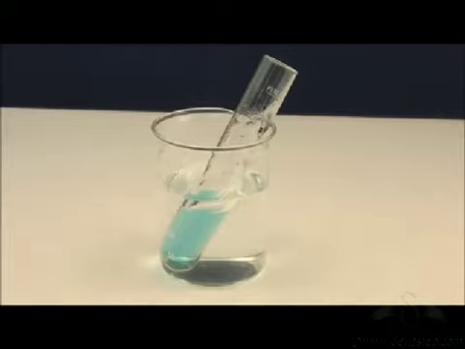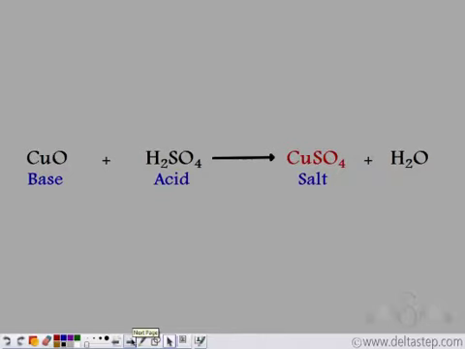So by using the reaction of acid and base, in this case sulfuric acid reacts with copper oxide, and we get the salt copper sulfate, which was the blue colored salt that we saw, and it forms water. So the neutralization reaction, which is used for the formation of salt, involves the reaction of an acid and a base.